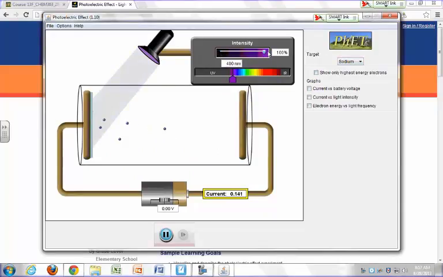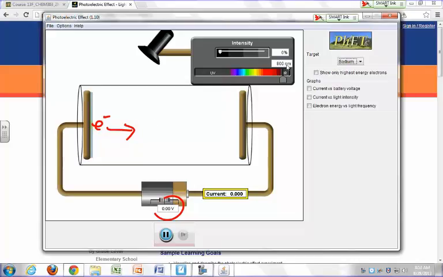So let's try 800 nanometers, a very low wavelength. Okay, this is sodium. Here's your emitter right here, so electrons are going to come off from here, and this is your collector over here. Right now I don't have any voltage on those two, but electrons get ejected and they're just going to move across.